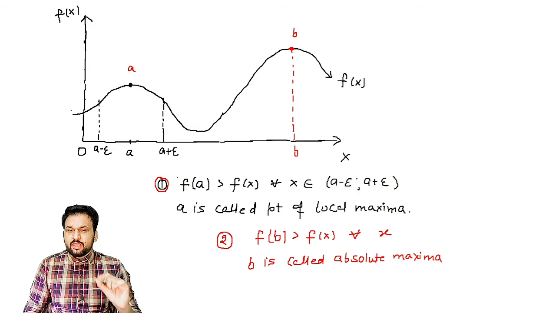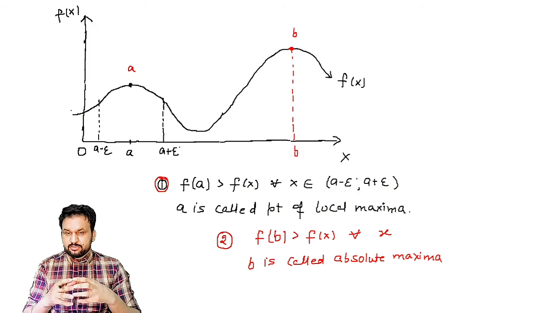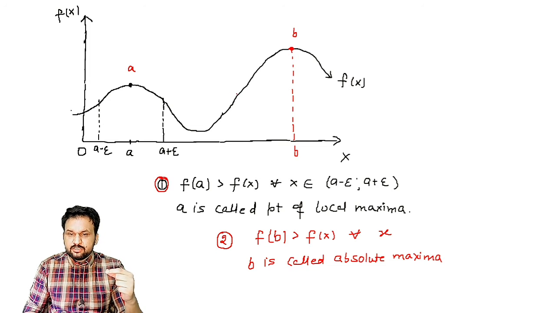Now, saddle points are also known as points of inflection, where the function is changing its behavior. Sometimes it is increasing and then starts to decrease. In that case the point is known as a saddle point.